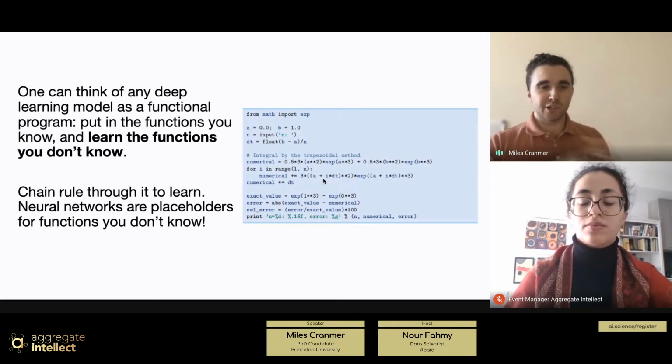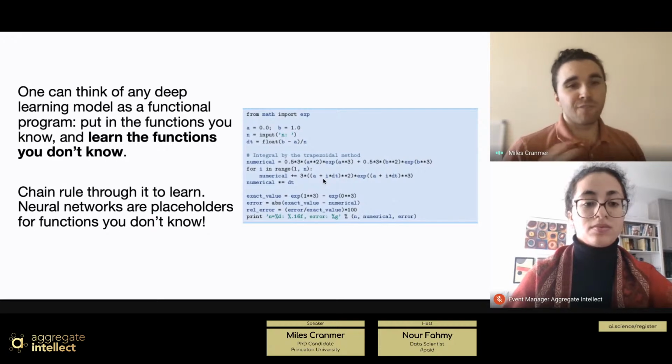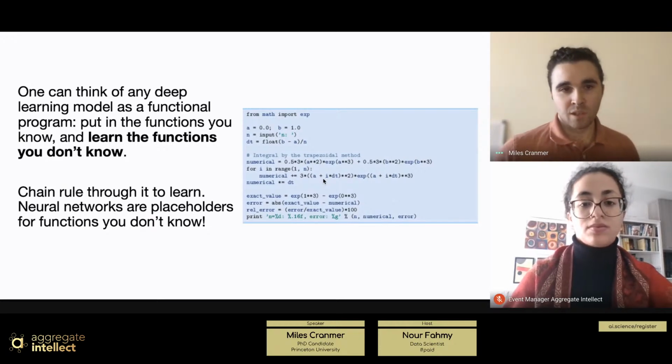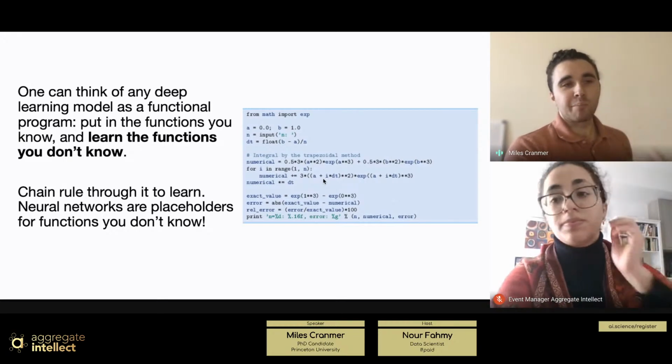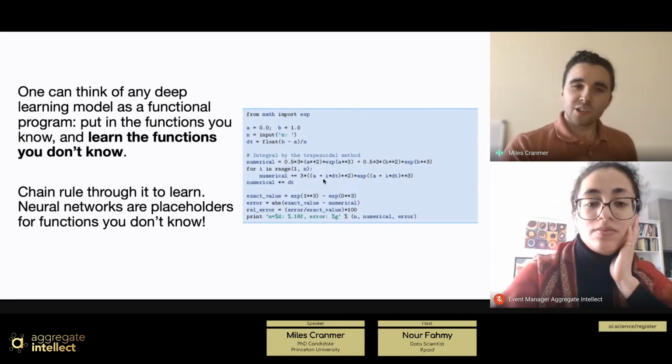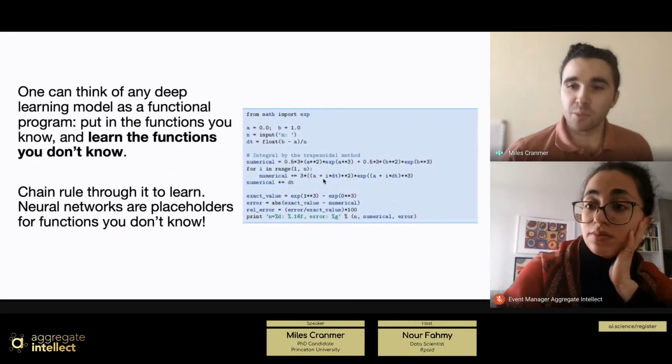So neural networks are like placeholders for functions you don't know. If you know the rough structure of some algorithm, but you don't know the optimal function at some place in your code, the neural network is a placeholder, and you can learn an optimal function.